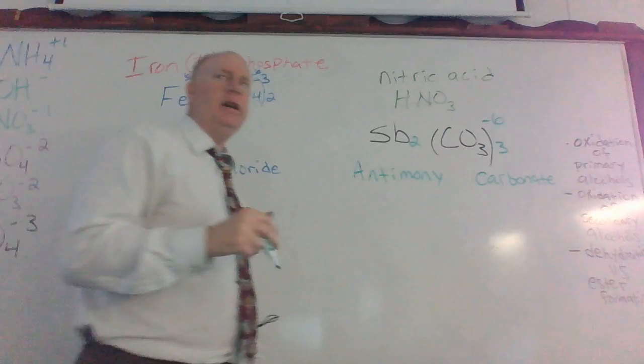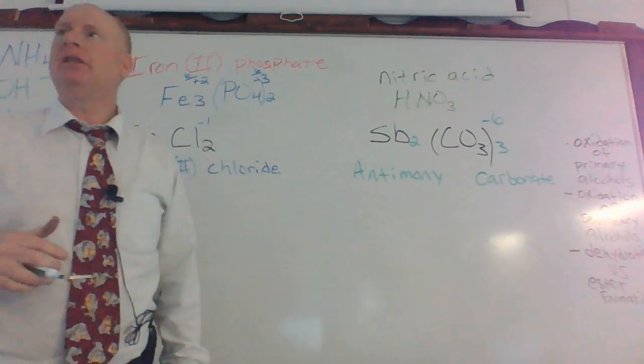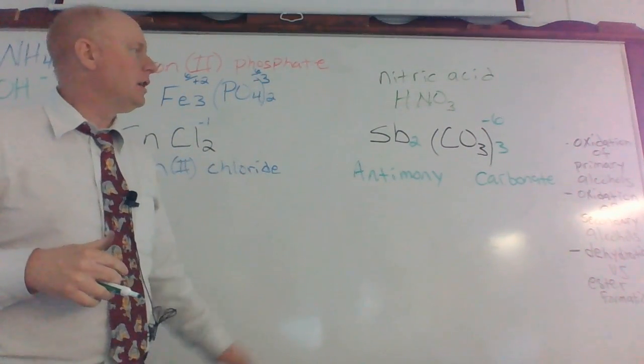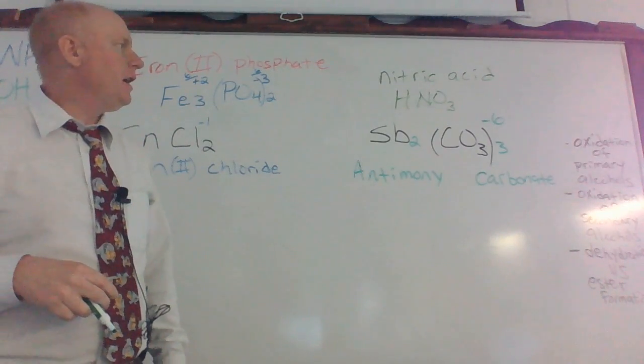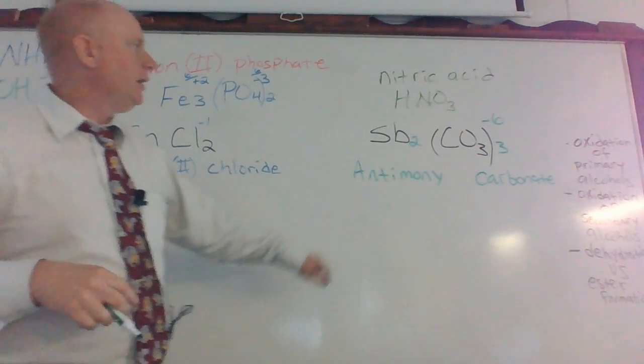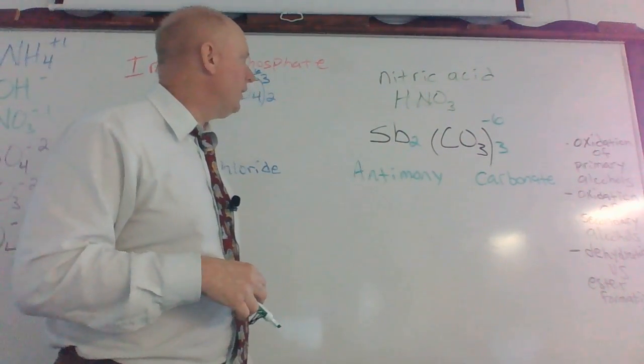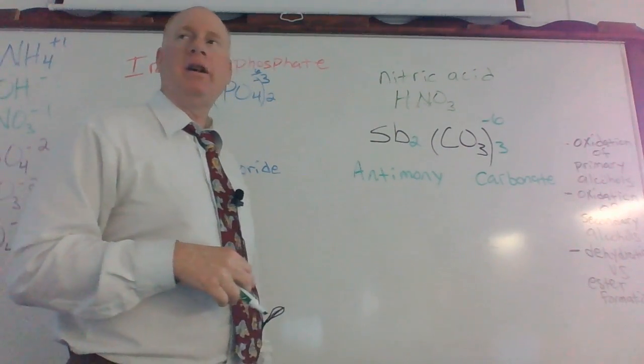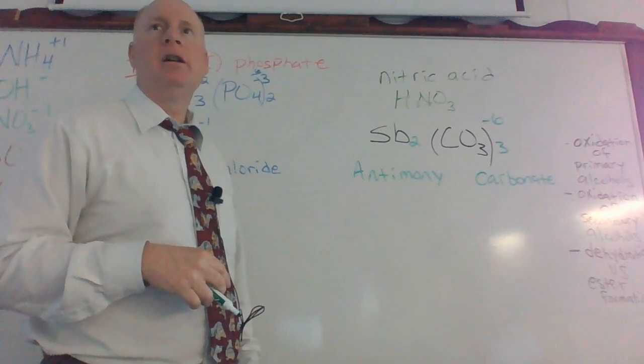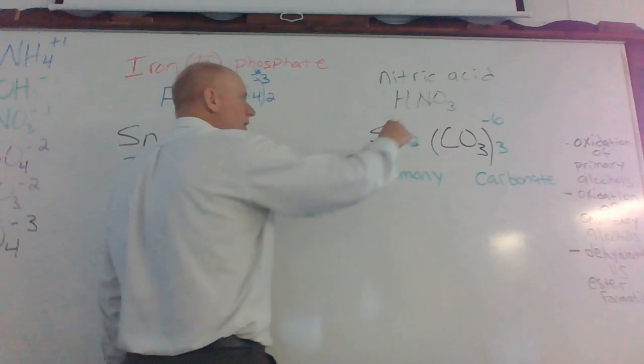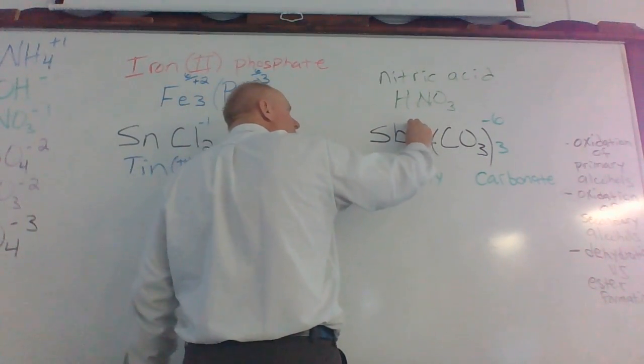And that's very easy to do. Then you go, oh, that's got a -3, so maybe this has a +3, or +4, depending upon what that is, because it has more than one charge.